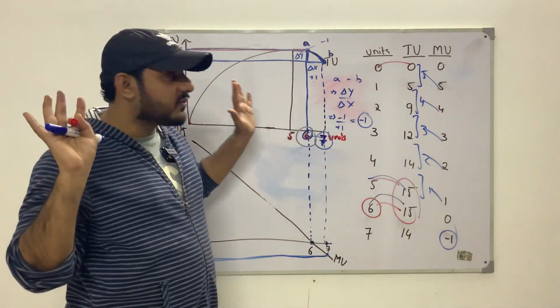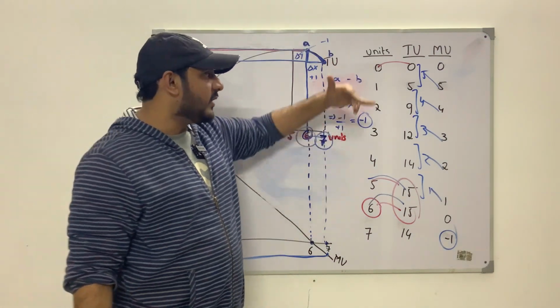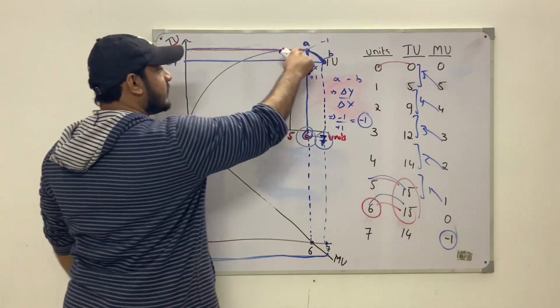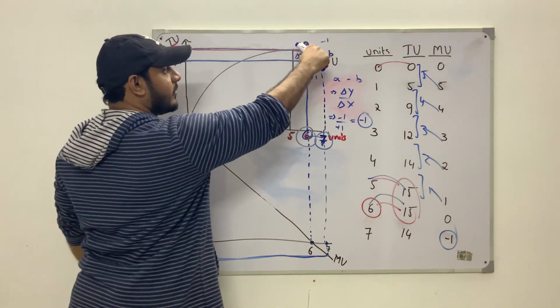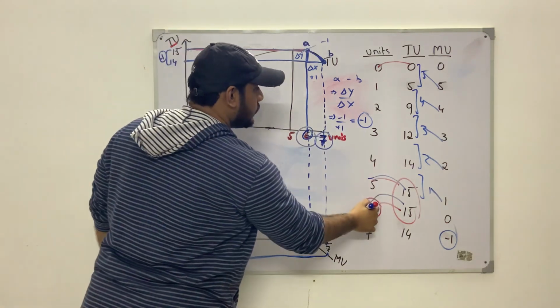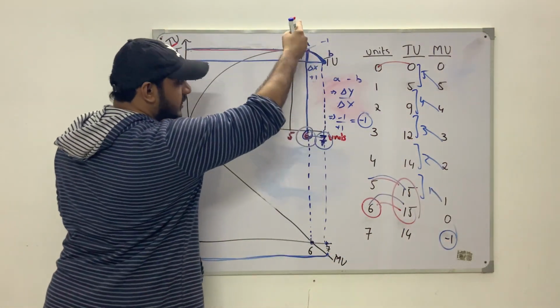I hope you understood this. So just to recap, diminishing marginal utility keeps on falling, and total utility increases at a decreasing rate. The graph starts from the origin, goes up, and gets flatter, because that flat region represents the same utility between these 2 points. Then it goes down, representing a disutility.